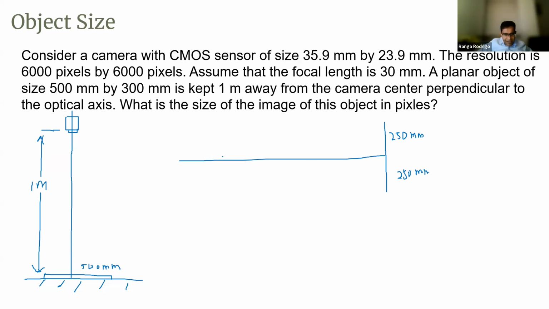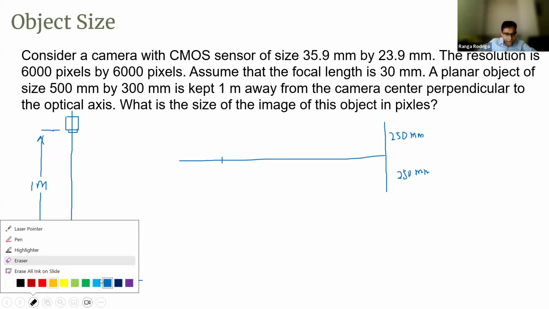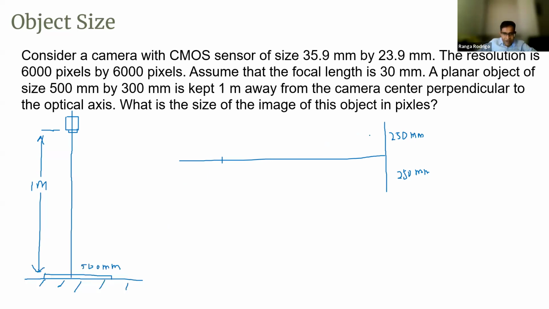Then the camera center is here, and a straight line going to the camera center and striking on the image sensor. This is the image sensor. We want this distance. How can I find that distance?